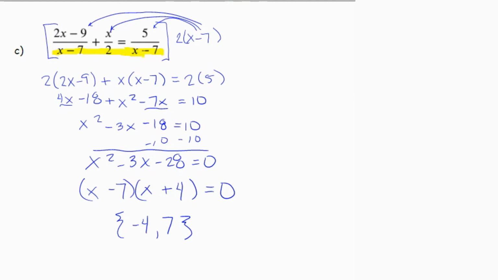That means that a value of 7 would have to be left out of our denominator. And look at what you have here. One of the solutions is 7. Clearly, even without checking, I recognize that this is going to be an extraneous solution because it's not a part of my domain. So the only solution I have is negative 4.